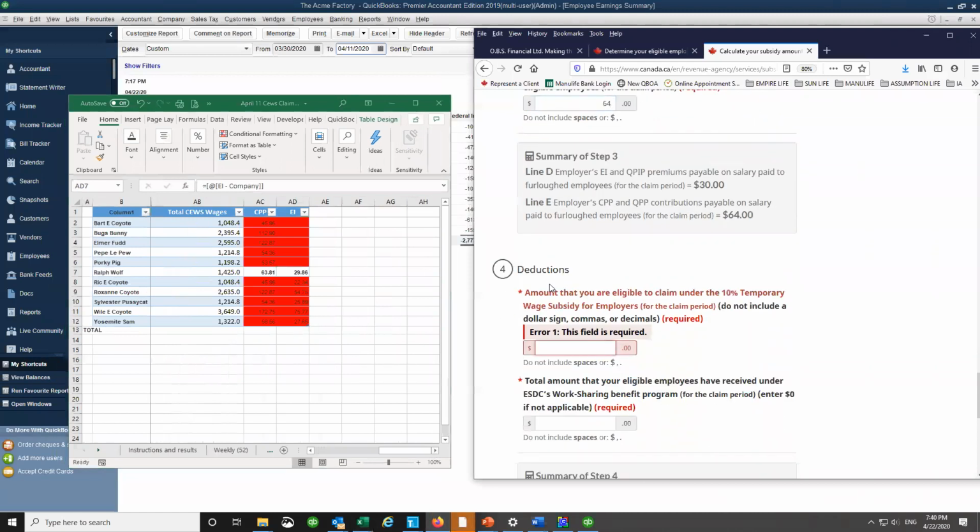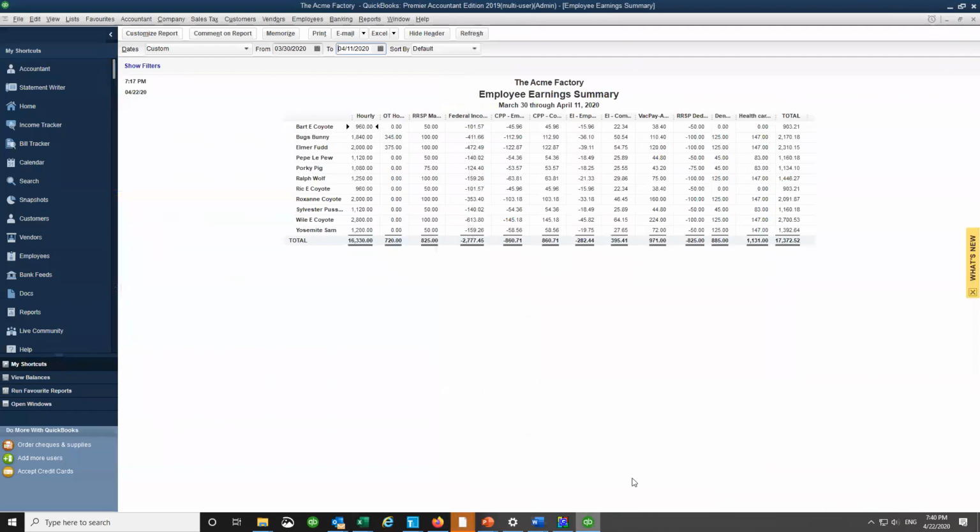Now we go into section 4, amount you are eligible to claim under the 10% wage subsidy program. So we need to go back here, and we know that for the wage subsidy, we were able to calculate anything from the 16th to the 31st of March.